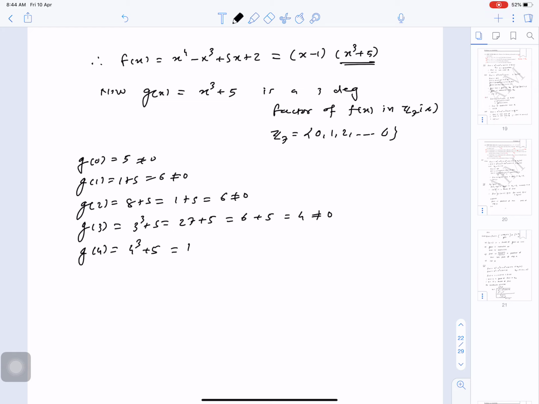4 cube is 64, so it is 16 into 16 plus 5, but 16 means 2, plus 5, so it is 9. 9 means 2, so it is not 0.